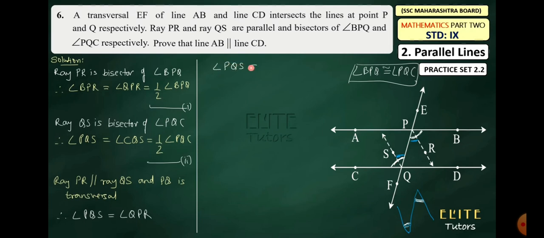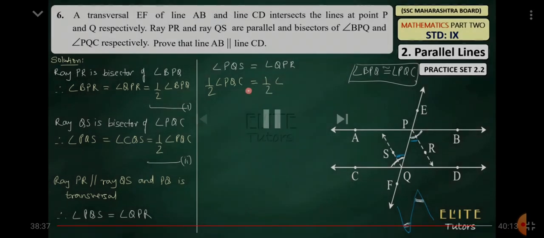So first of all we will write PQS equals QPR. In place of PQS we will write the value from the second equation: PQS equals half of PQC. Similarly, using the first equation, we can write QPR equals half of BPQ.